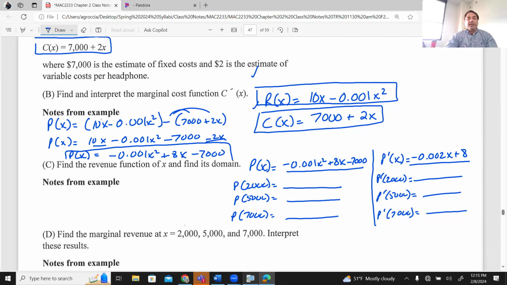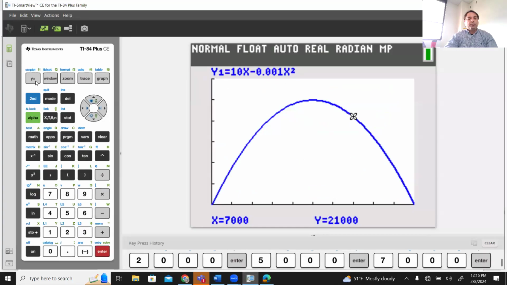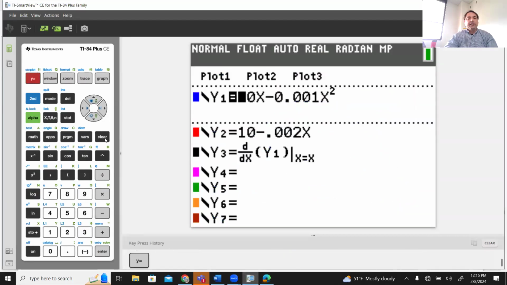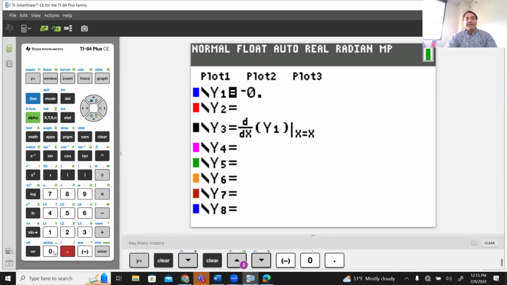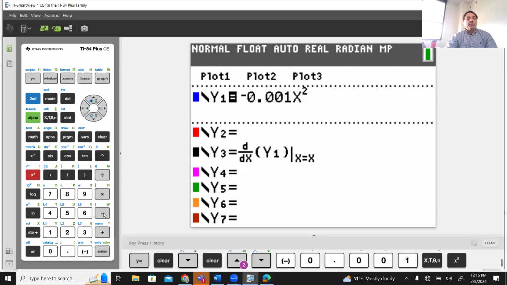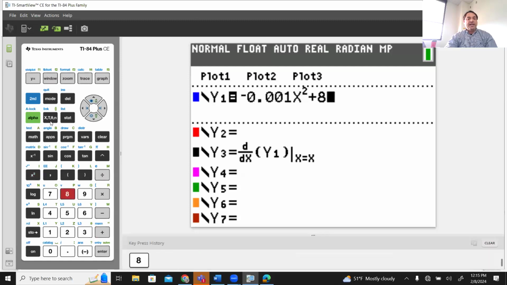So let's go to the calculator. Go to y equals. Get rid of y1, get rid of y2. Now in y1, I put total profit. Total profit is negative 0.001x squared plus 8x minus 7,000.